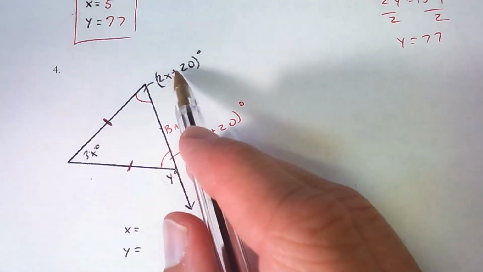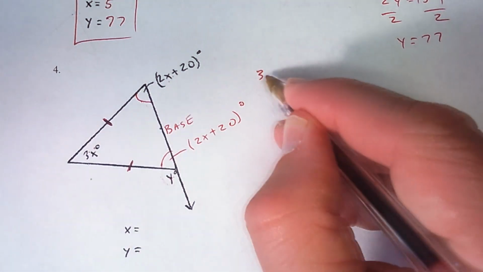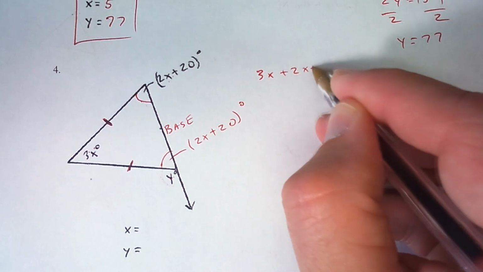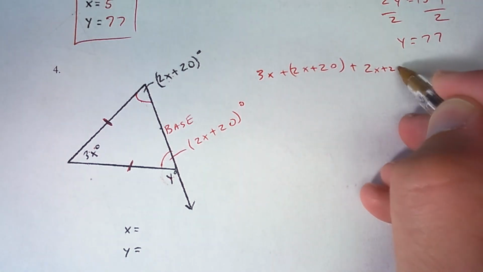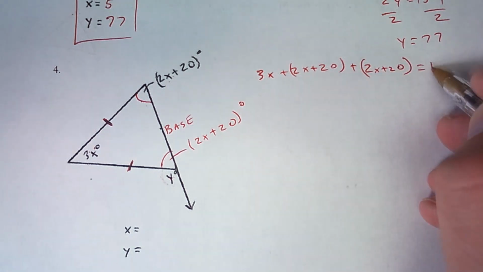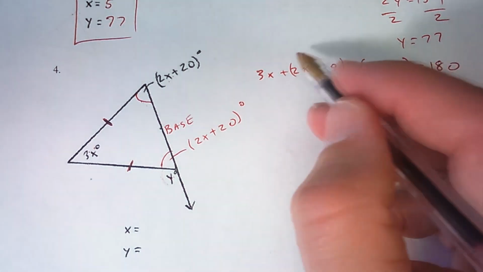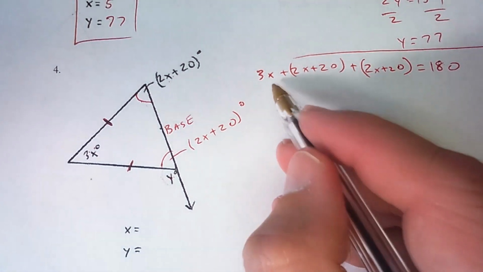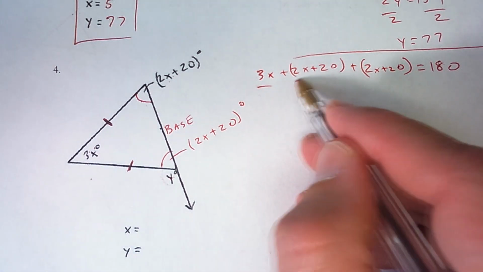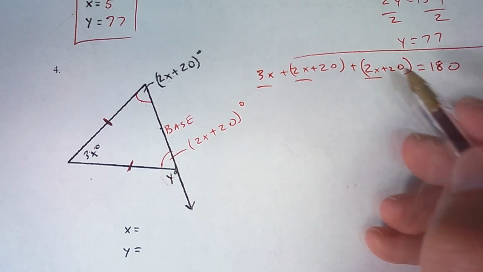Now I can add the three angles of this triangle. 3x plus 2x plus 20 plus another 2x plus 20 equals 180 degrees. Okay, now I will combine like terms. 3x and 2x is 5x.